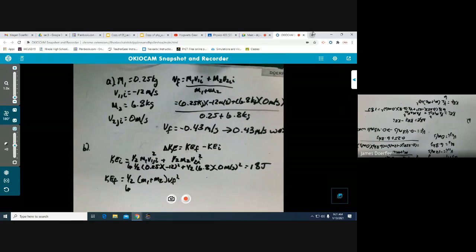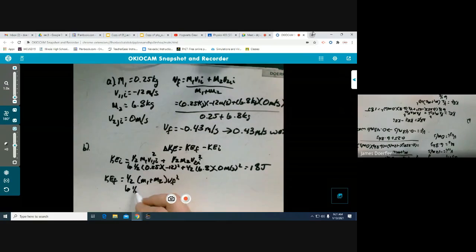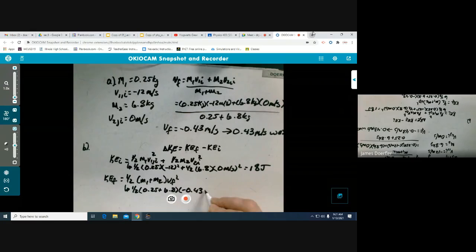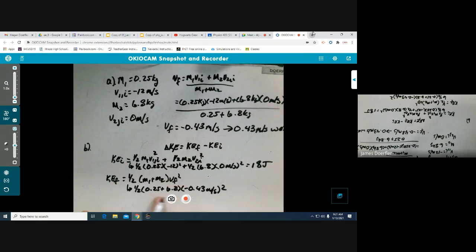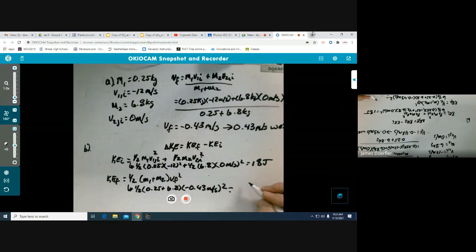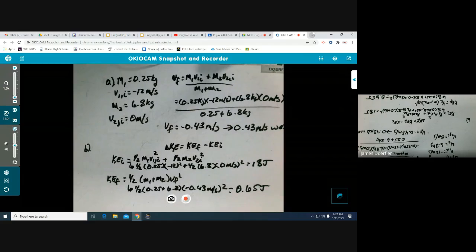Again, double check my work, please. You got 18 joules? Awesome. Next, KEf. Again, 1/2 times the sum of the two masses, 0.25 plus 6.8, multiplied by the square of negative 0.43. You should get 0.65 joules.